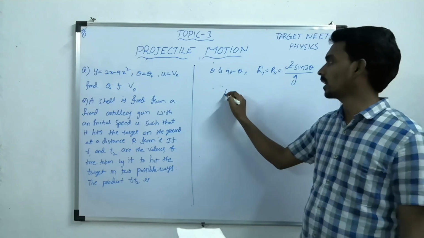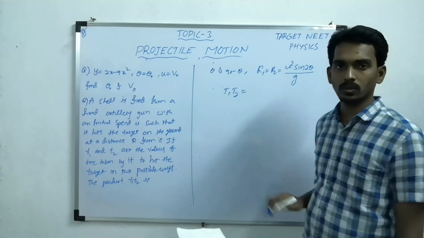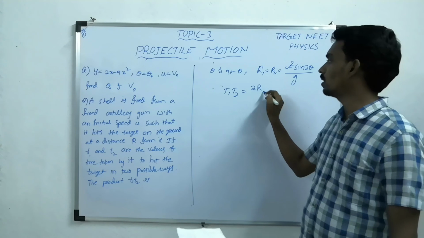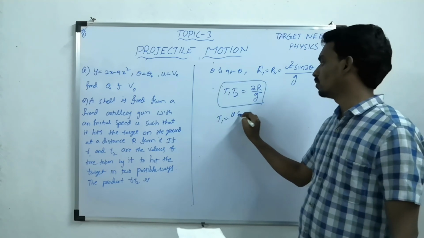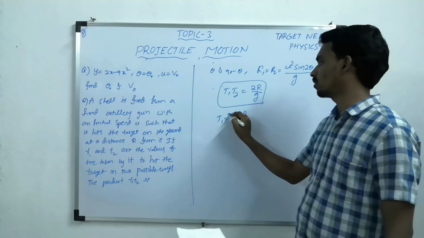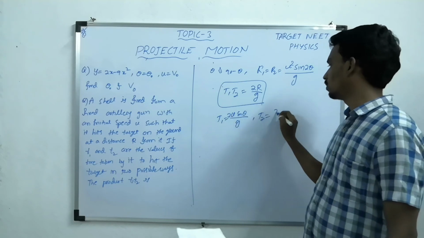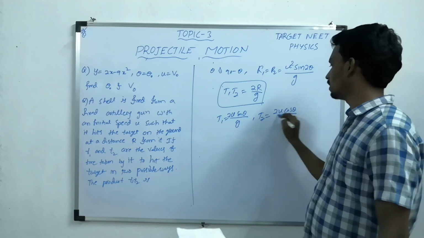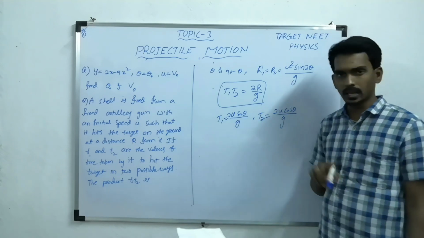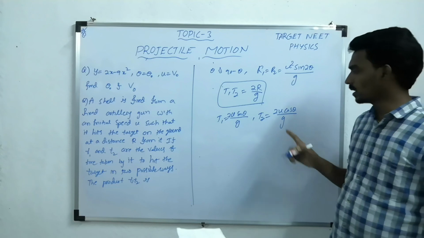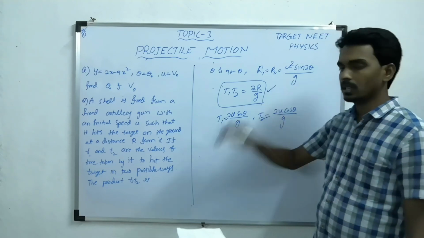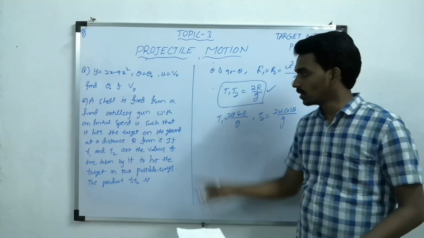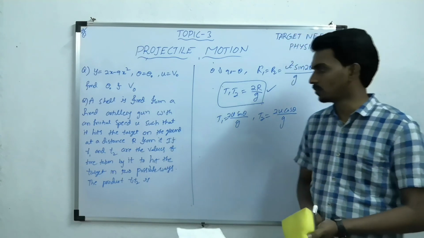And for the corresponding time periods t1 t2, we got 2r by g, where t1 is 2u sin theta by g and t2 is 2u cos theta by g, because one is theta and another is 90 minus theta, and sin of 90 minus theta is cos theta. So this is the relation.